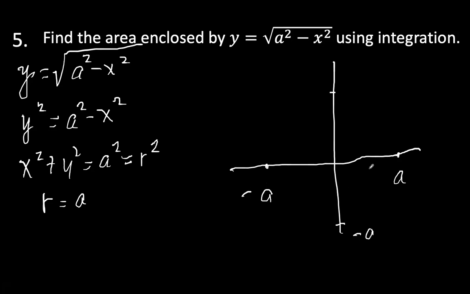But in the given, we're just going to consider the positive, the principal square root of a squared minus x squared. So our graph will just pass through the upper portion of the x-axis. We will be removing the portion of the circle below the x-axis, again because of the principal square root, or the positive values of y only.